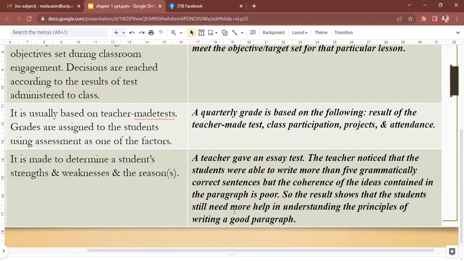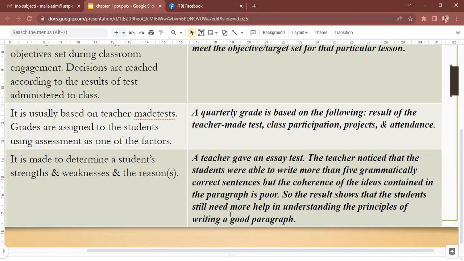It is the same as cooking in our cookery, or in our bread and pastry production, baking, or our food processing. The teacher is giving you an activity after the lesson, for example, you were made to make a batter, and then he or she observed that the presentation is very nice, but when he or she touches the batter, it is different from what the instruction says it should be.